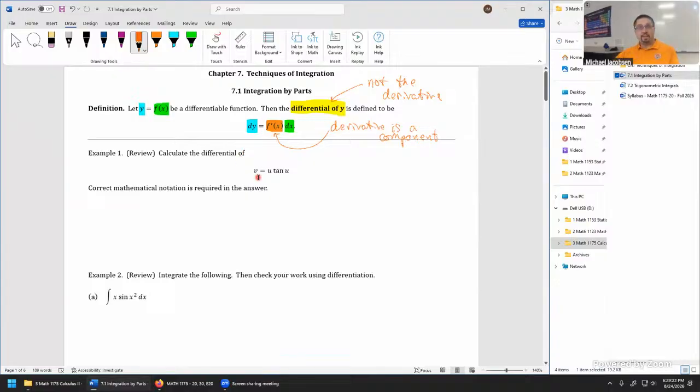The variables matter. So we have v equals u times tangent u. The variable is u. We need correct mathematical notation.